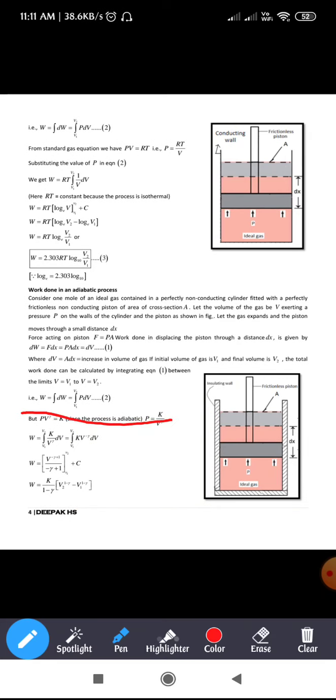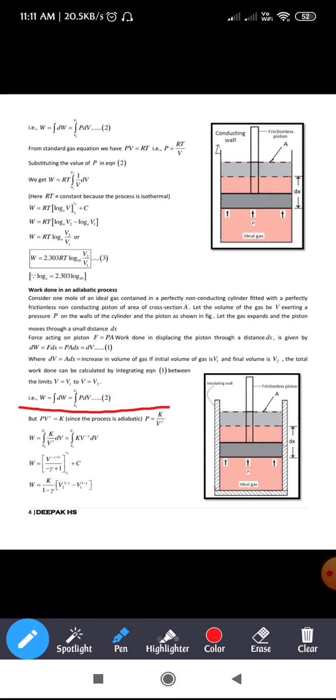Hence P can be written as P is equal to K by V to the power gamma. We have substituted the value of P in equation 2, so that comes out to be W is equal to integral of V1 to V2 K divided by V to the power of gamma into dV.